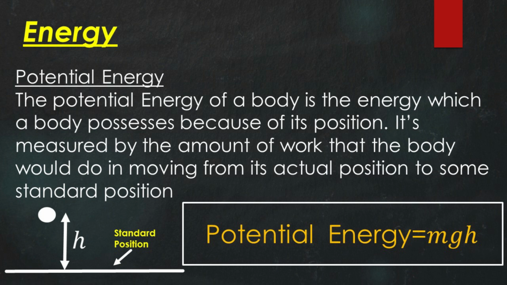Normally the potential energy is measured relative to the land, so the earth is the standard position. If you take something up relative to the earth, that height makes a potential energy.